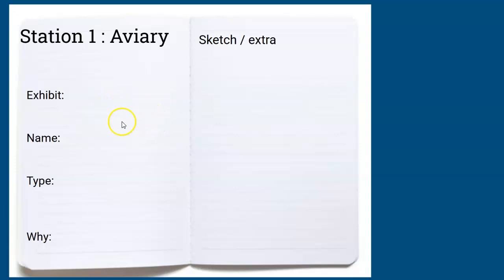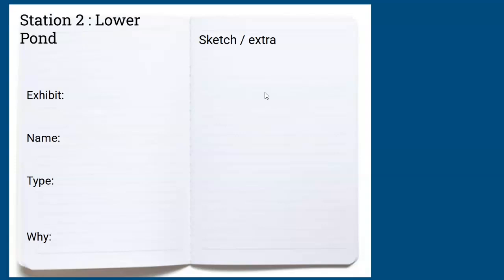Is it the eagle? Right, okay. Name: owl, eagle. Some of these might repeat. Type: this is where you put model, organism, or fossil, and why you think that. And your extra page for a sketch, or extra information if you find another thing and you have time.